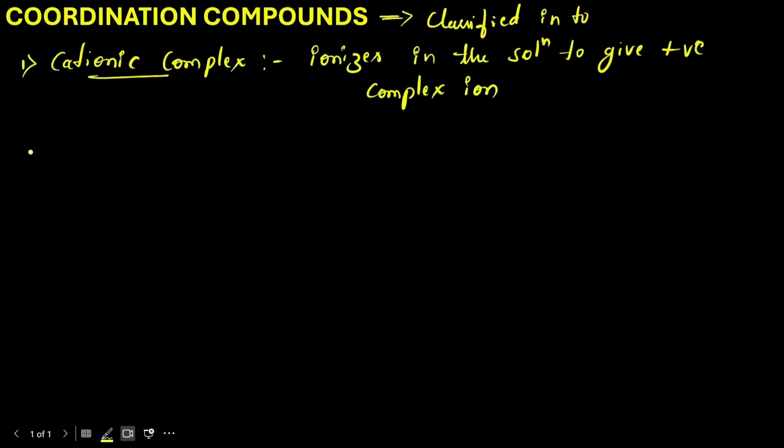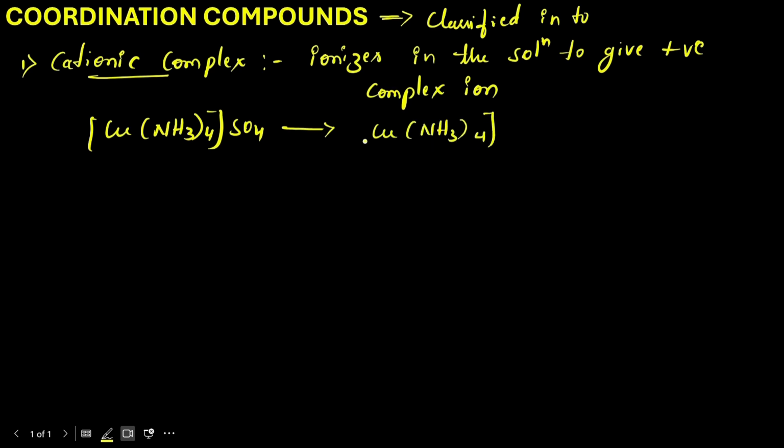For example, [Cu(NH3)4]SO4, cuproammonium sulfate, which ionizes in solution to give [Cu(NH3)4]2+ and SO4 2-. Here the complex has a positive charge, therefore it is a cationic complex.